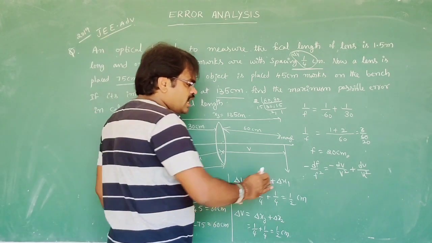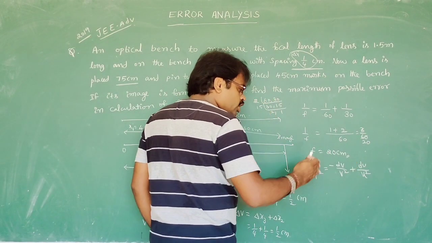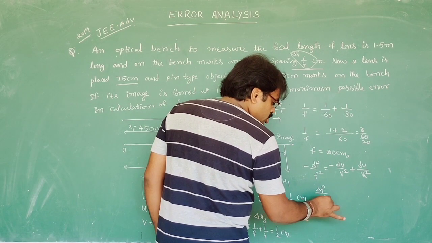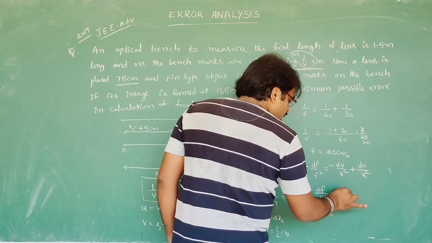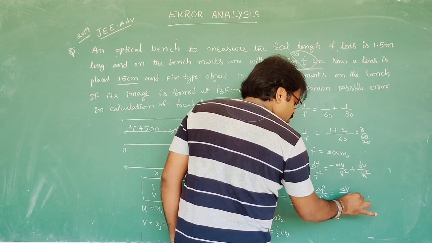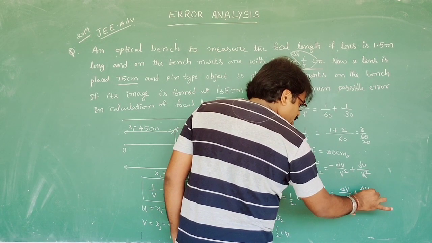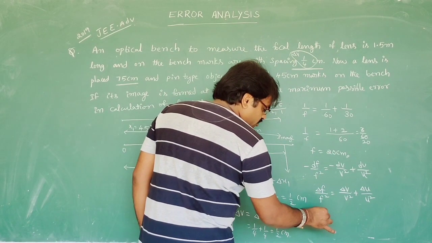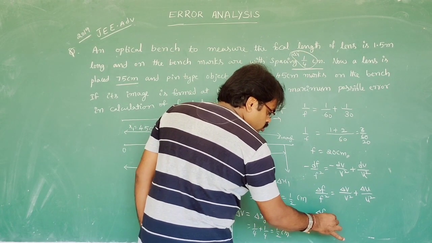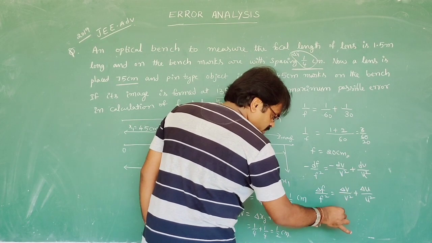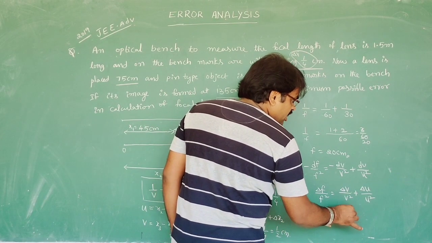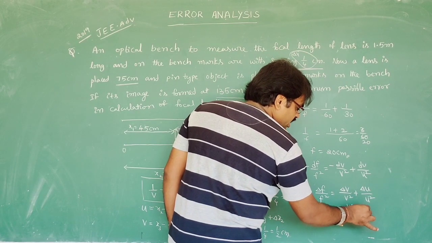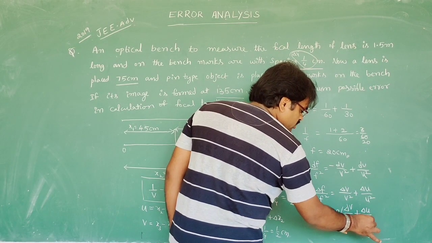The maximum possible error means all are always taken to be positive. That's why delta f by f square is equal to delta v by v square plus delta u by u square. Then delta f by f is equal to, we write f multiplied with delta v by v square plus delta u by u square.